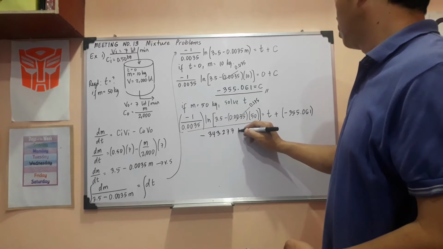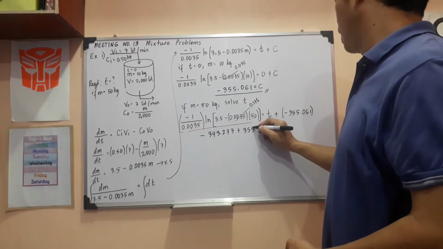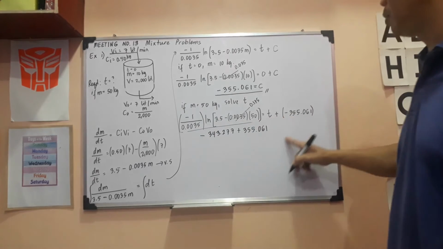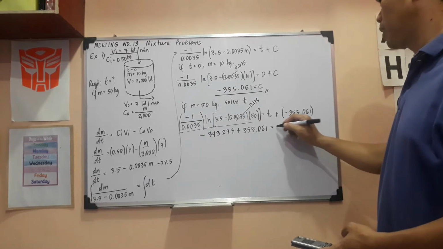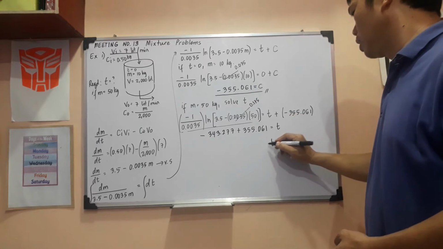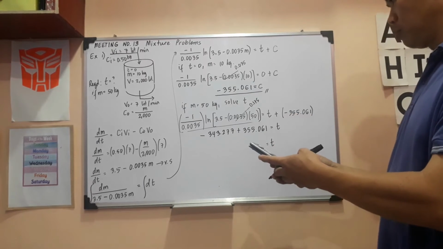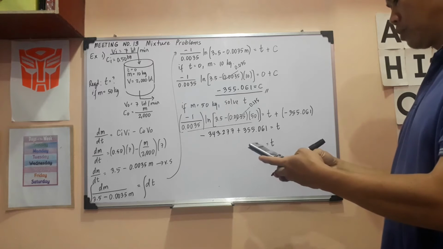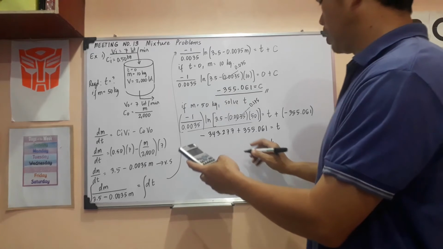So, magiging plus 355.061 because this is negative transposed to the left becomes positive and that is equal to t. And the t now is equal to plus 355.061 is 11.784.